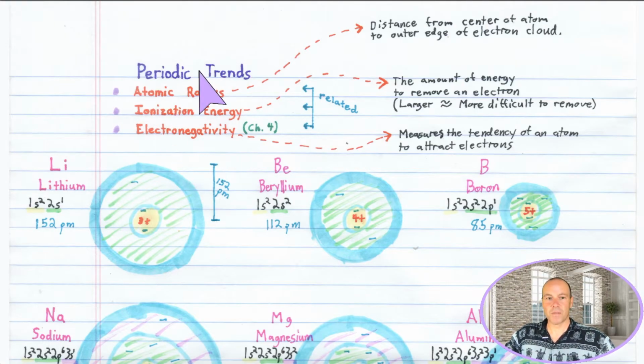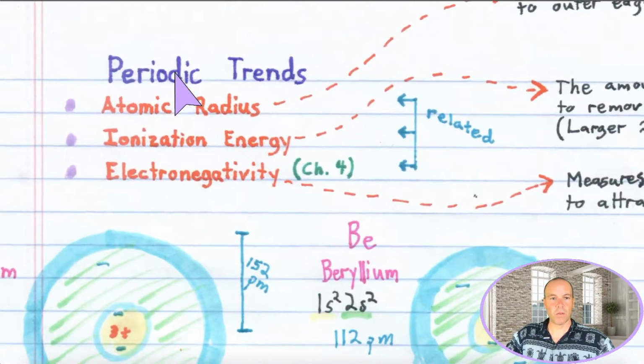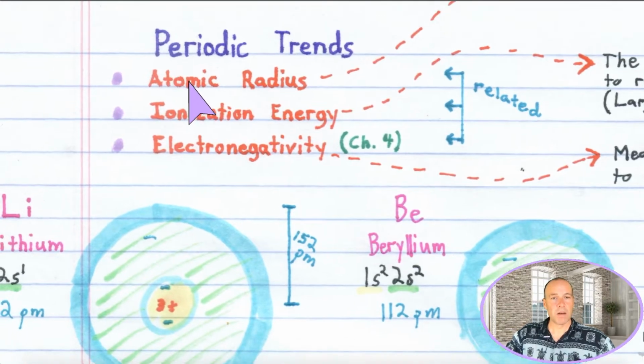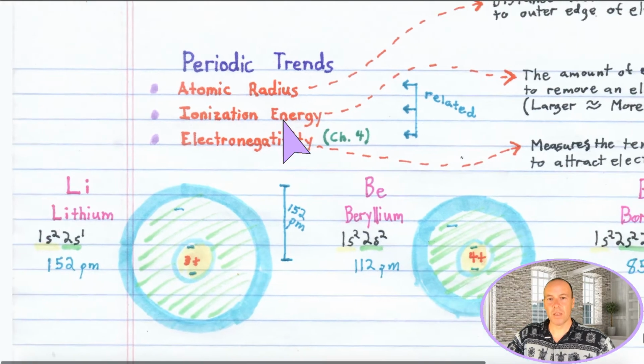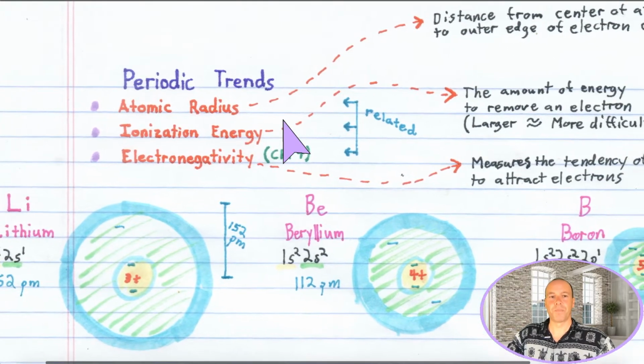Here are the notes. There are three periodic trends that we need to discuss, but the third one will wait until chapter 4. So really the first two, the atomic radius and the ionization energy, need to be discussed now.